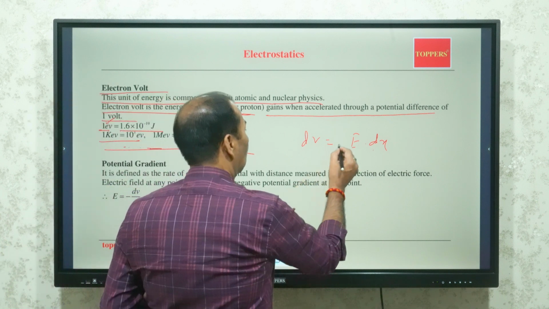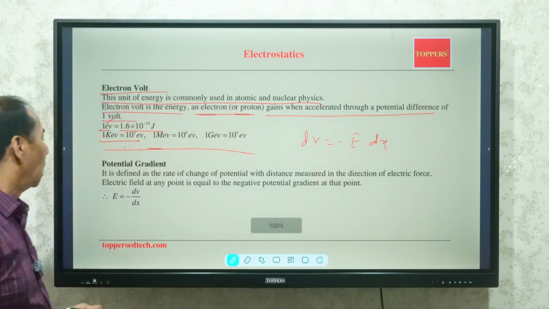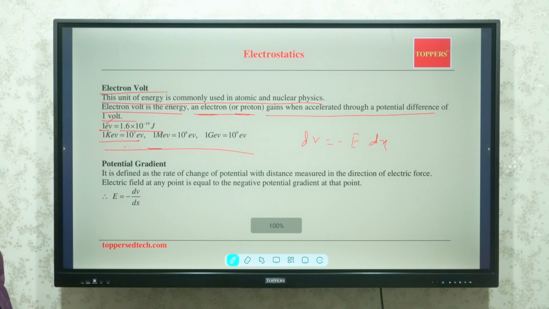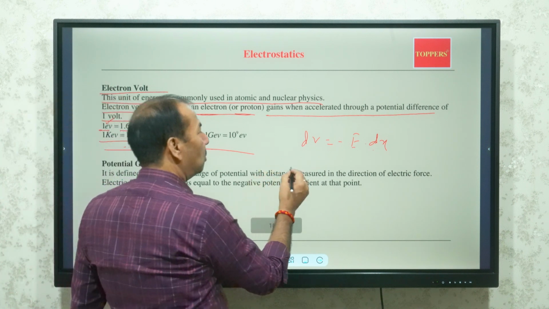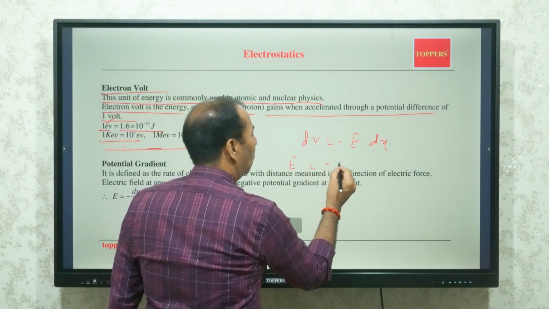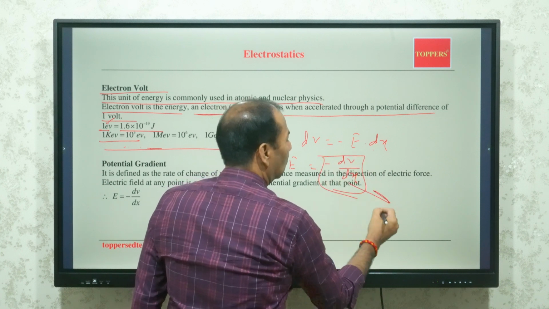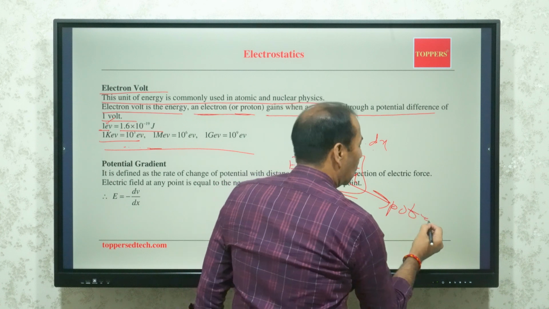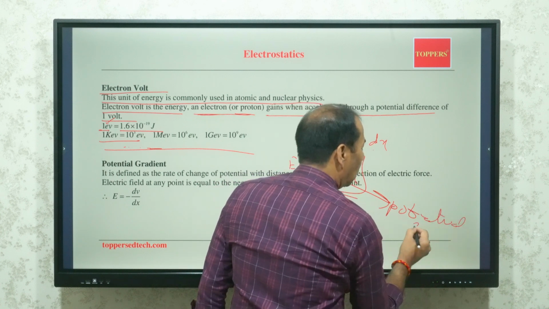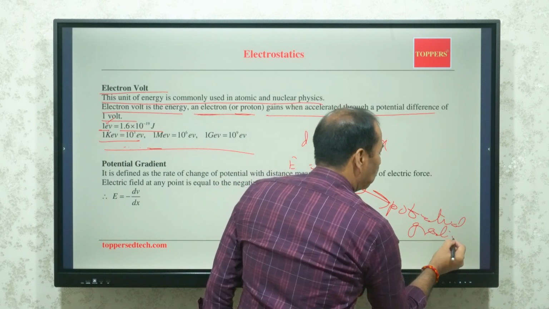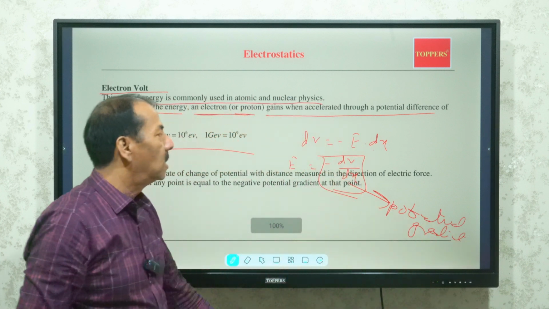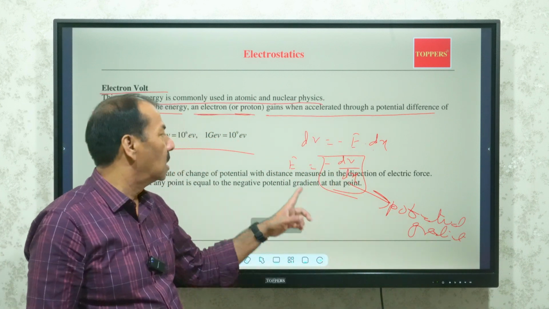So we get dV equal to minus E dx. Now the same thing, E is equal to minus dV upon dx. This is termed as potential gradient, minus dV upon dx.